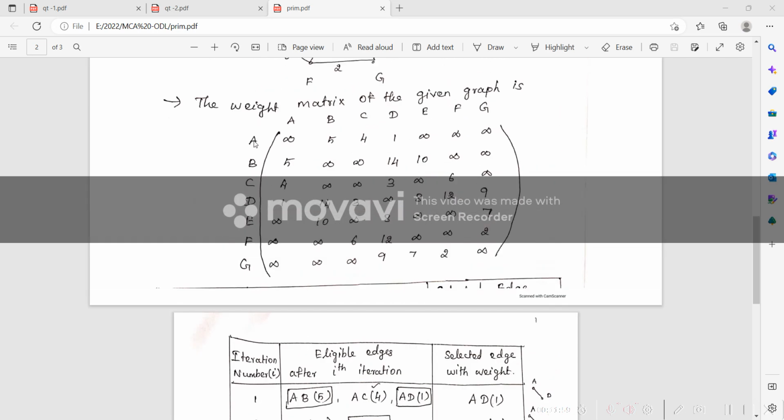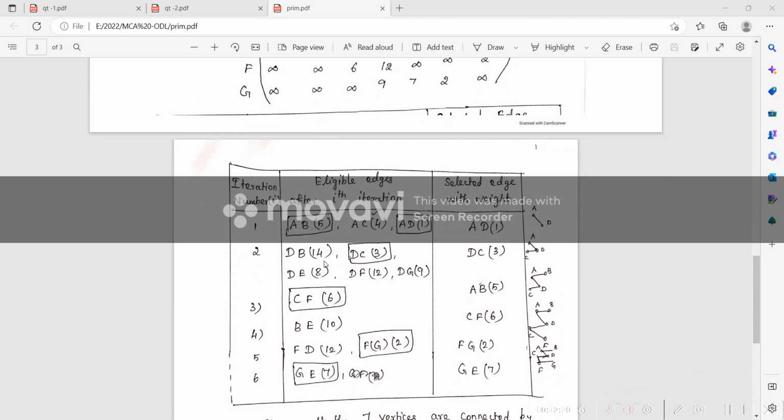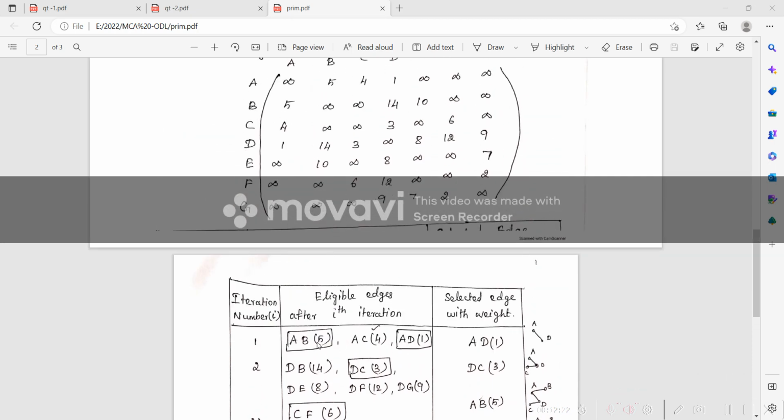So we are starting from the initial vertex, namely A. So what all edges are available? AB is available, AC is available, AD is available. These are numbers, the remaining are infinite. So only these edges are emerging from vertex A. So we are considering those with the weight mentioned in brackets.